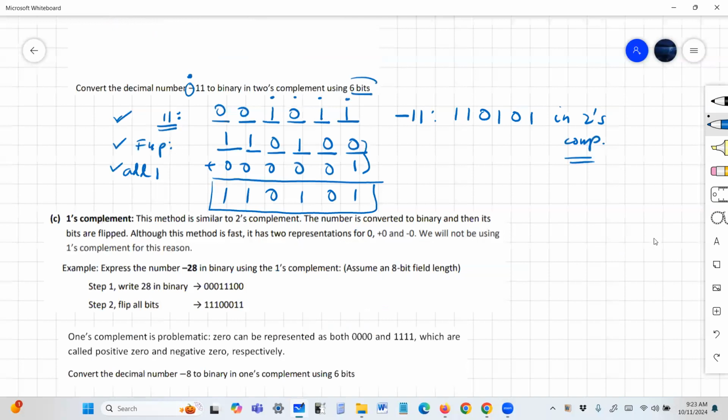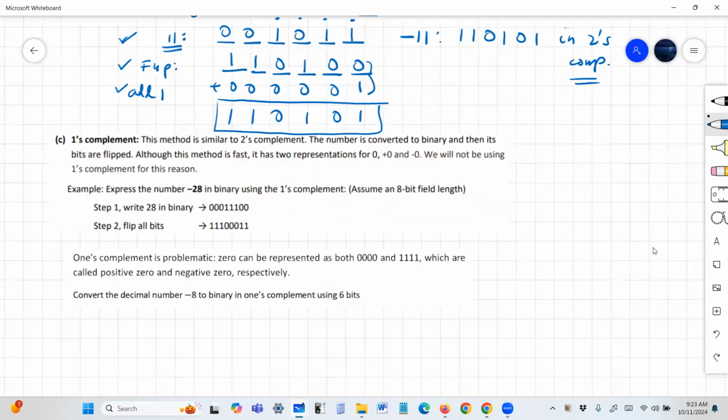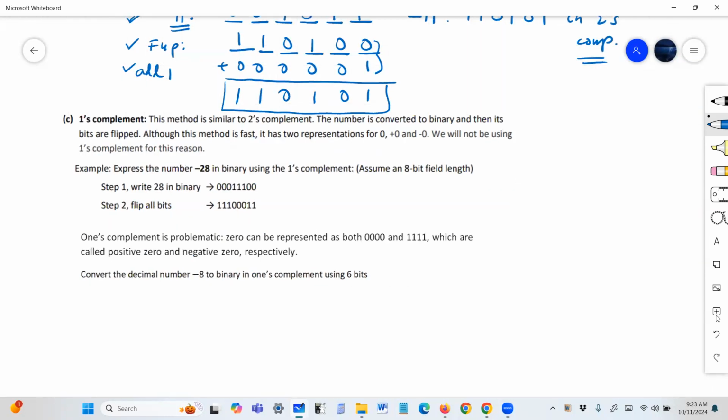The last method, which we are not very much interested in, but I'm going to show it to you anyway, is 1's complement. It's the same situation as 2's complement: positive numbers are just converted to binary, and for negative numbers we do a 2-step.